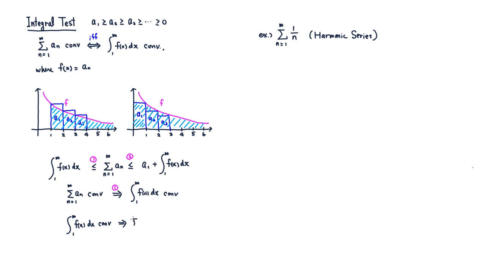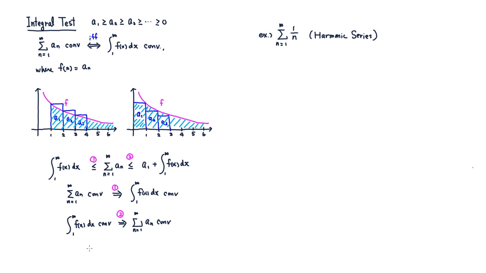So the summation n goes from 1 to infinity of a_n also converges. This is from inequality number 2. So you can see that the integral and the series converge together, or they diverge together. A series converges if and only if the corresponding integral converges. This is called the integral test.